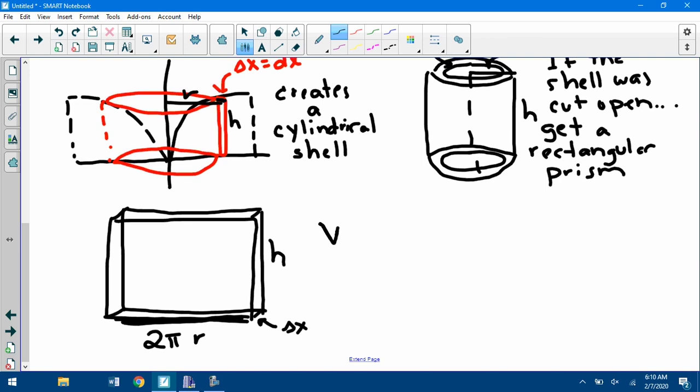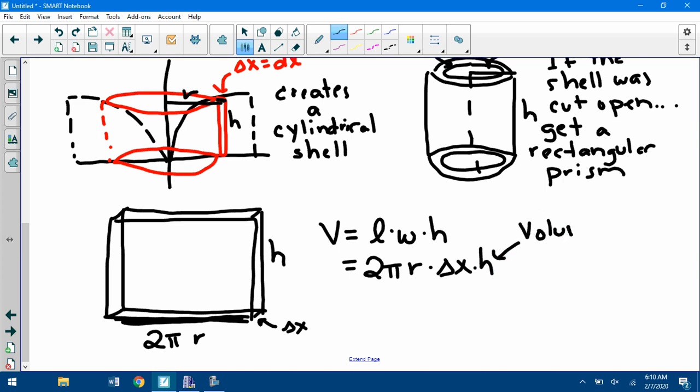So the volume of that rectangular prism is length times width times height. The length is 2 pi r. The width is delta x, times the height. And that represents the volume of one shell.